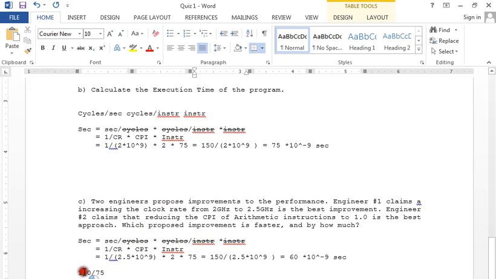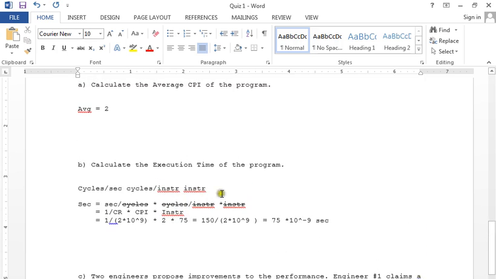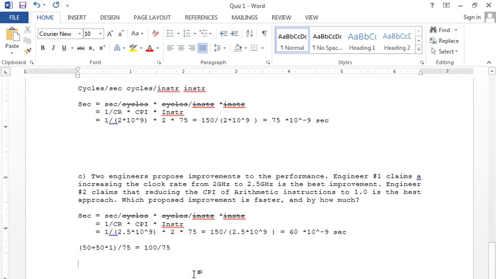So this just becomes 50 plus, and this is where Amdahl's law comes into play, 50 times 1 instead of 50 times 2, right? So that just becomes 100 over 75. And then if you do the second part, instead of 150, this just becomes 100 over 2, which becomes 50 times 10 to the negative 9, right?